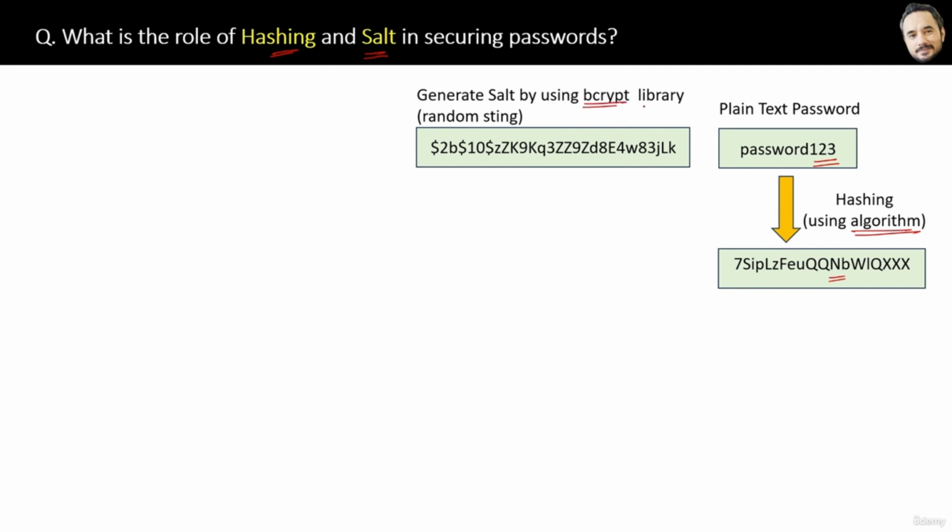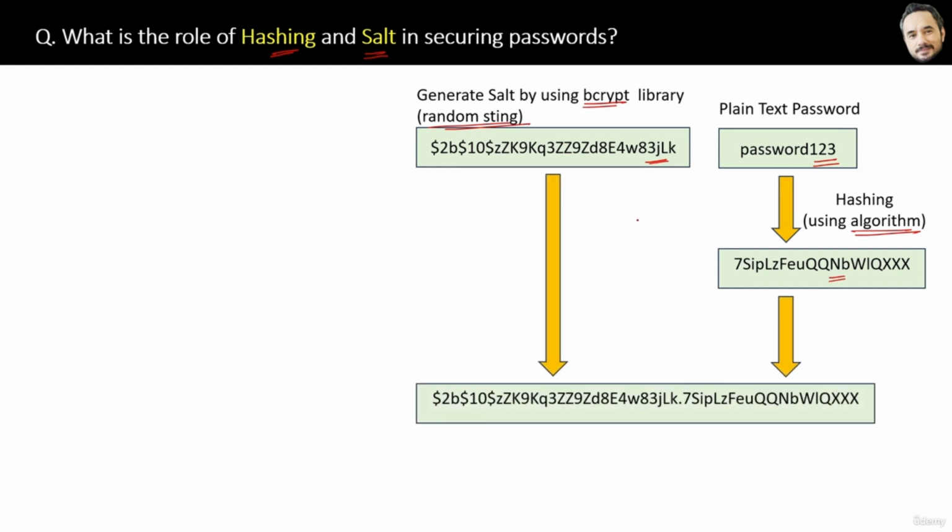There are many libraries, especially in Node.js. Salt is just a random string created by these libraries. Now listen carefully. Then we combine this salt and the hash password together to create a very secure password like this. Here is the salt, here is the hash, and together they make a very secure password, right?